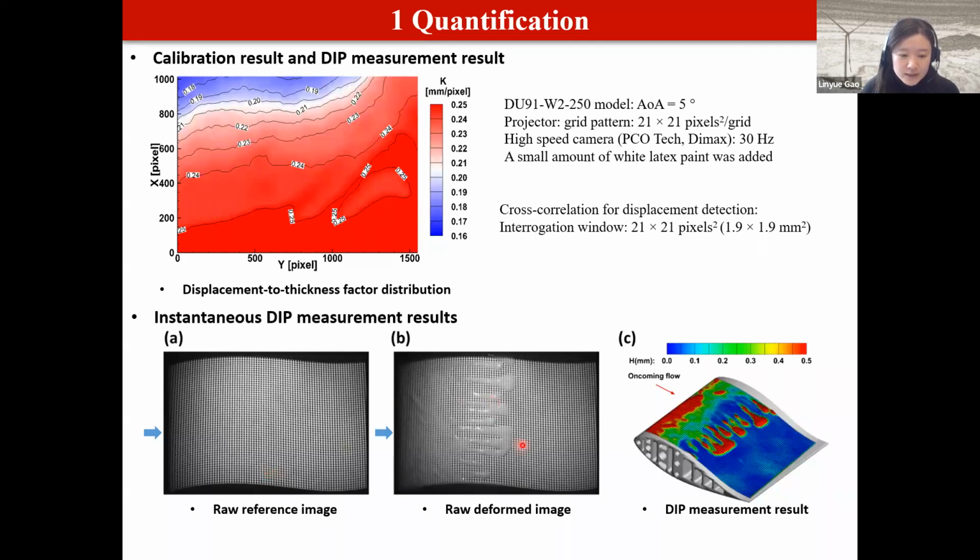And this one is the raw image of the airfoil surface with ice structures accreted on it. You can see the deformed patterns in this image. This one shows the preliminary results for the DIP measurement, and the color here indicates the thickness of the ice and water.